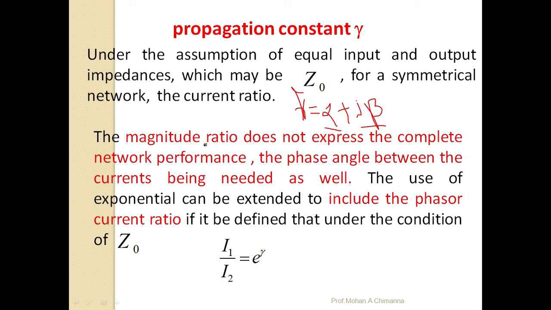The magnitude ratio does not express the complete network performance; the phase angle between the currents is needed as well. So the use of the exponential can be extended to include the phase current ratio if it is defined under the condition of Z0. So we take the ratio I1 upon I2, which is equal to e raised to gamma, the exponential function of the gamma power.